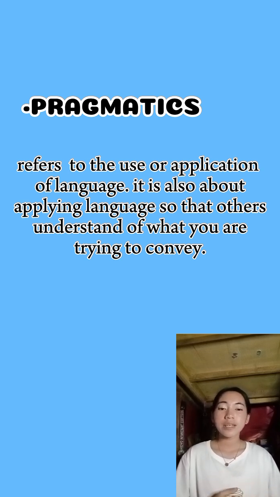And the second one is the speaker's intention. So pragmatics considers what the speaker is trying to achieve with their language. The last one is that pragmatics takes into account the social relationships between the speakers and listeners.